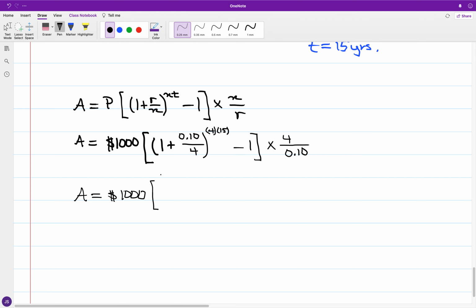So for the setup, for the sum, we have 1.025 to the 60th, minus 1, and 4 divided by 0.10. So that's going to be 40.